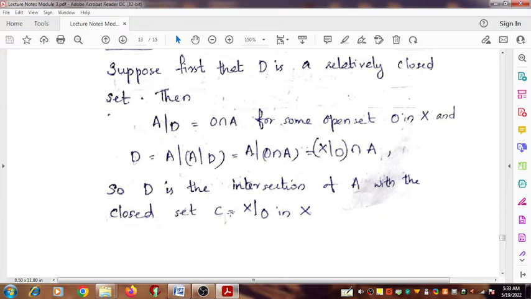Thus we get the complete proof in one direction. Therefore D is the intersection of A with a closed set, that closed set being C equal to X minus O in X.